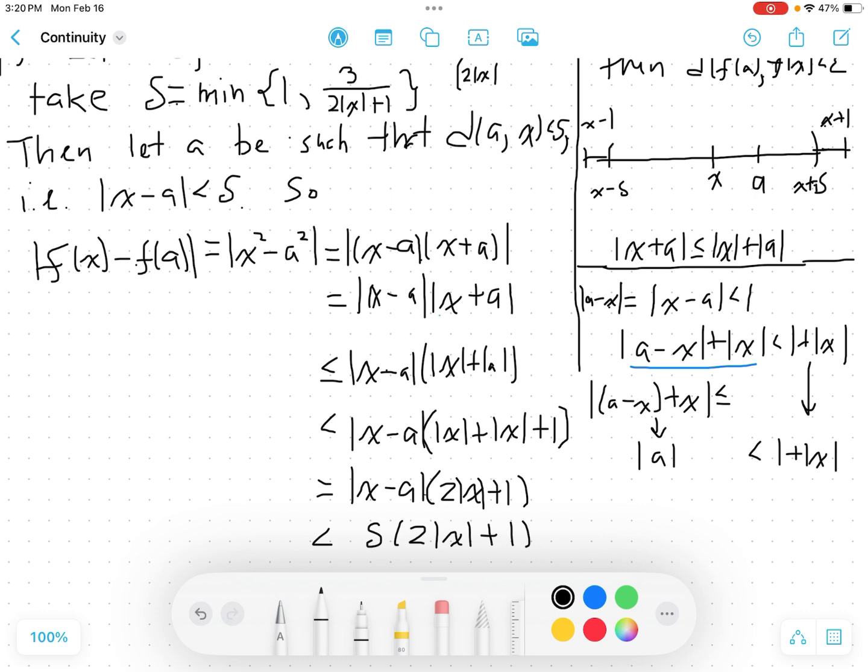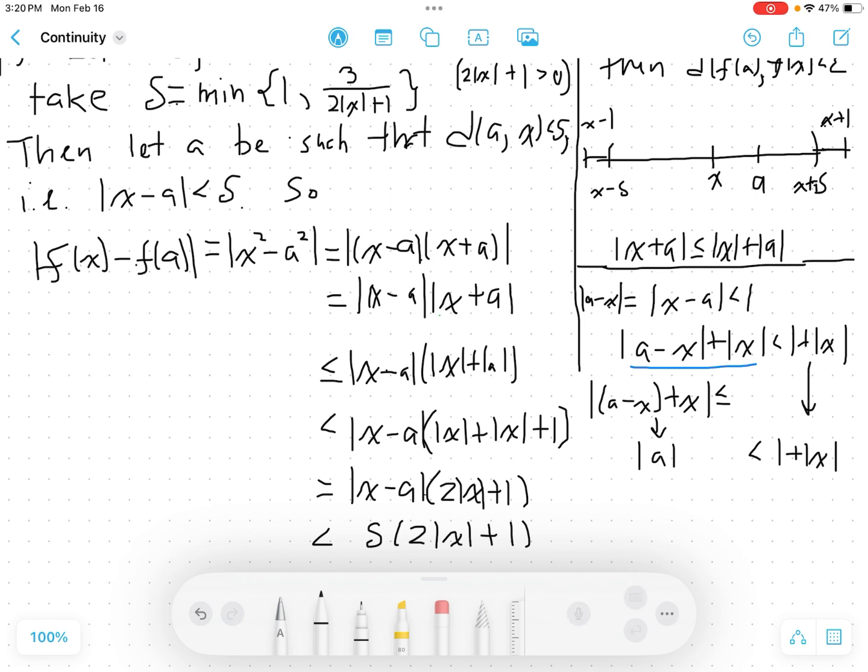Also that this isn't ever going to be negative, but 1 is going to be strictly positive. 2 times the absolute value of x isn't ever going to be negative, and so, sorry, this is always going to be greater than 0. So we're good. This is an applicable delta.